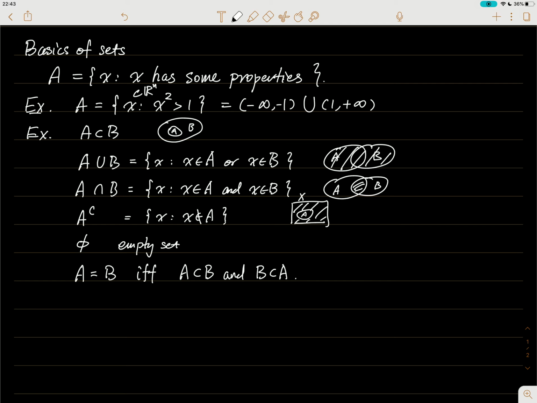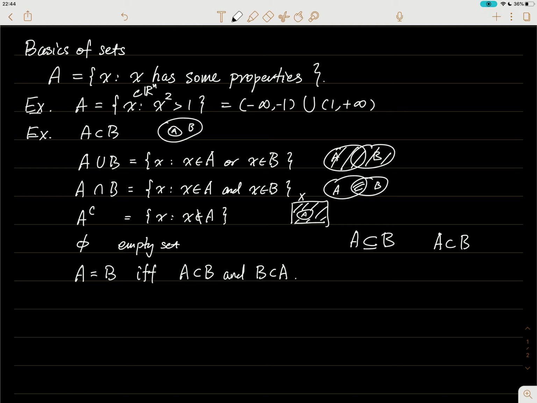Oh, by the way, we use this subset notation to say A is a subset of B. So A could be a proper subset of B, or A could be just equal to B. So sometimes you see notation like this. That's the same meaning as I just said. But in this book or in this class, we just use this notation.